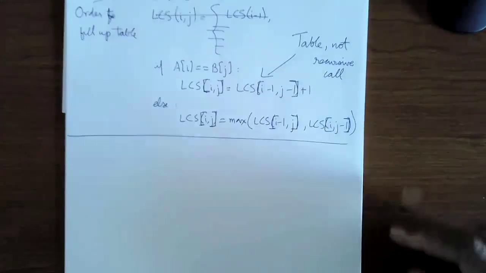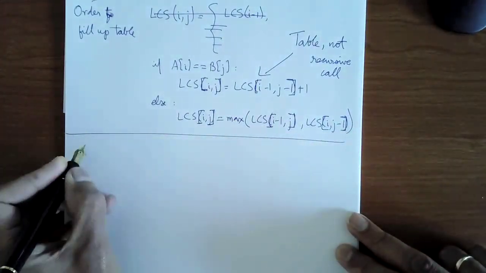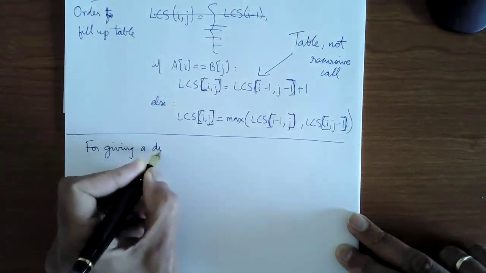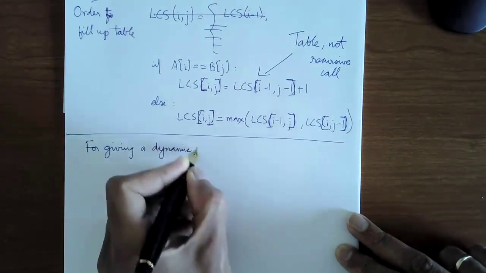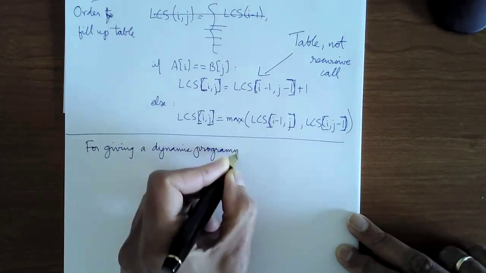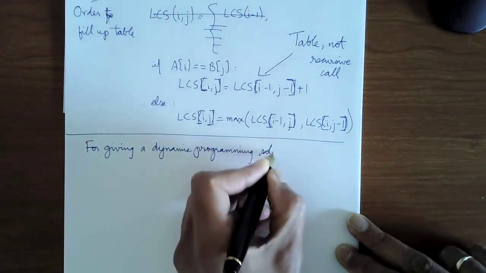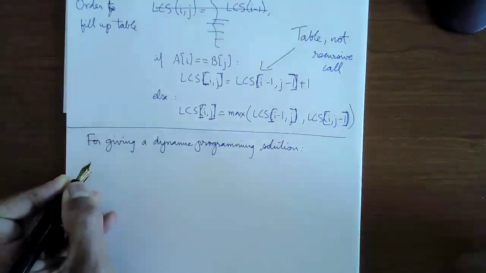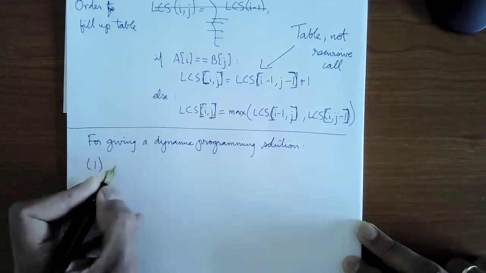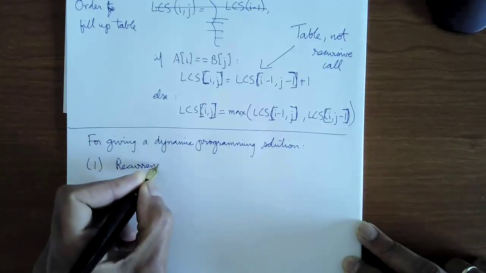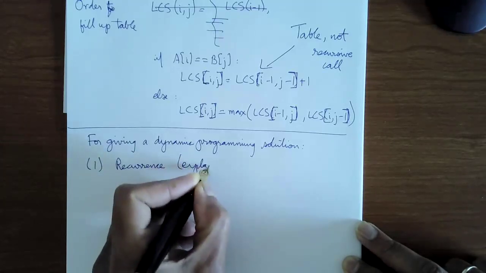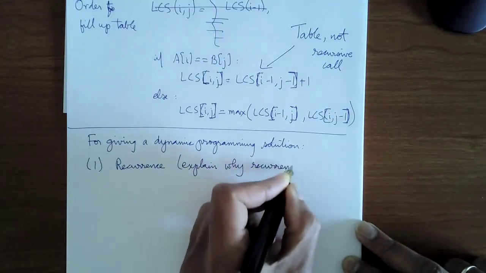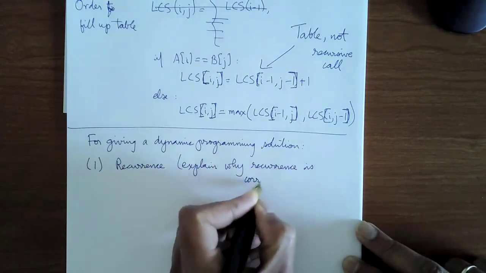So I just want to reiterate a particular point here, which is that for giving a dynamic programming solution, like when you're doing this in the homework, this is the way you should state it. You give the recurrence, and then you explain why the recurrence is correct.